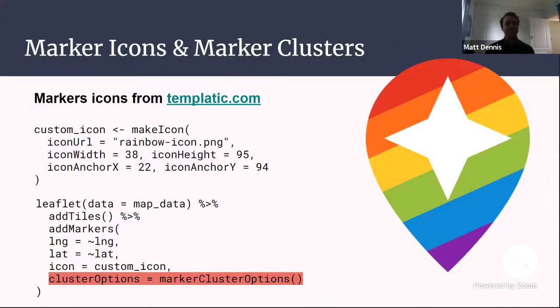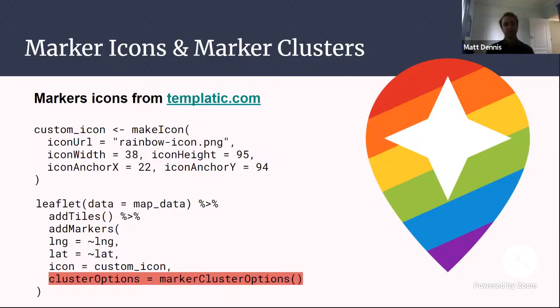Okay, so then we used custom marker icons from templatic.com, and they have about 100 or so free marker icons that we used, which was super useful. And then to make a custom marker icon, you can just use the makeIcon function from the leaflet package.